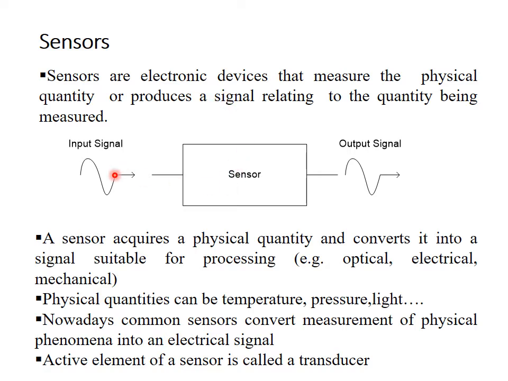So, the sensor converts an input signal to an output signal. A sensor acquires a physical quantity and converts it to a signal suitable for processing. It can be optical, electrical or mechanical. The physical quantities can be temperature, pressure, light, etc.